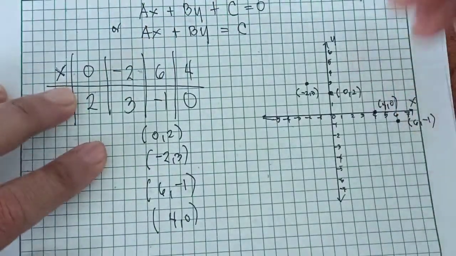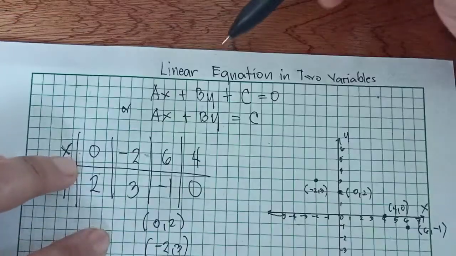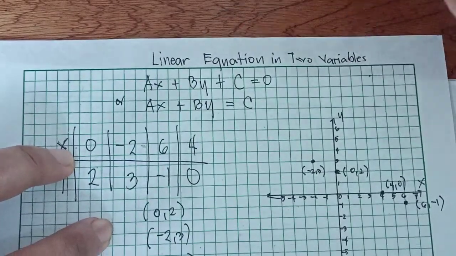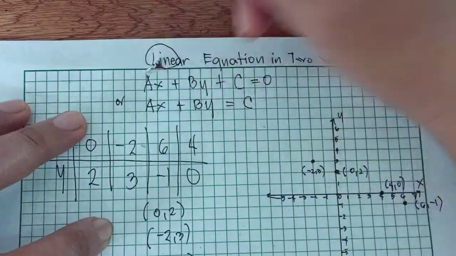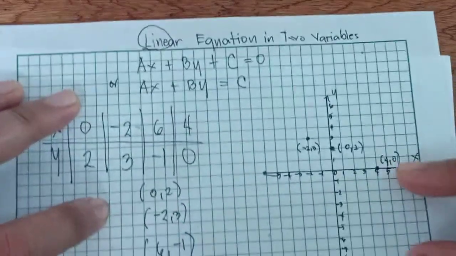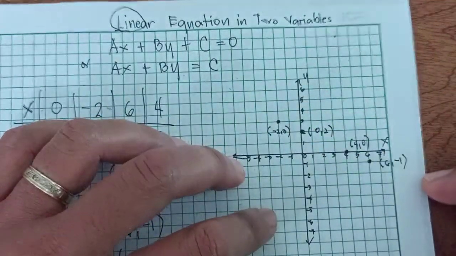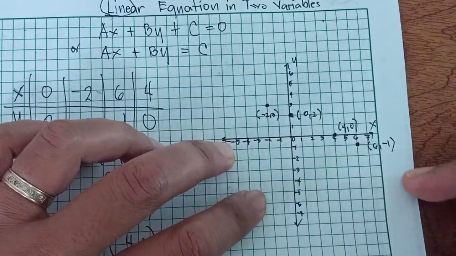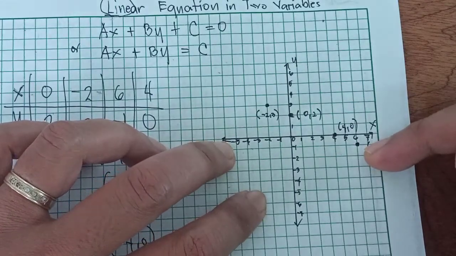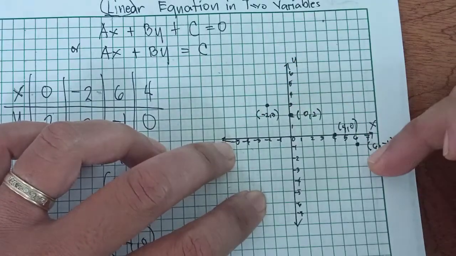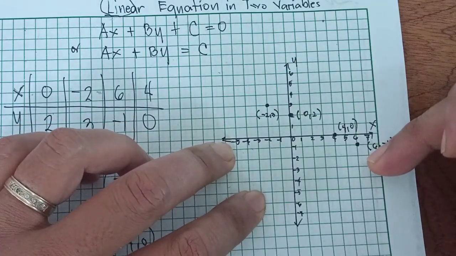So, when we talk about a linear equation in two variables, we're talking about a line. So, after plotting our points on the coordinate system, we're going to connect all the points, and it should form a straight line.